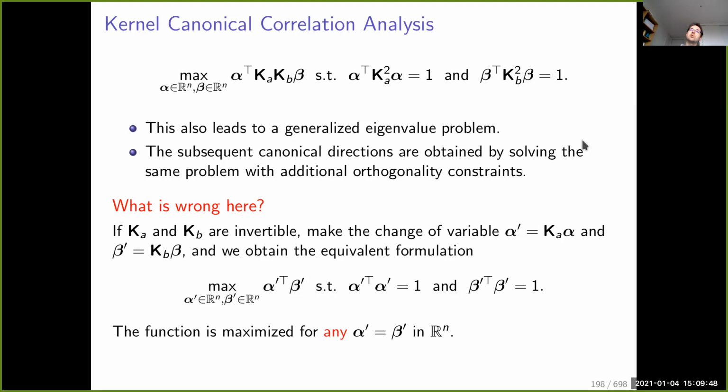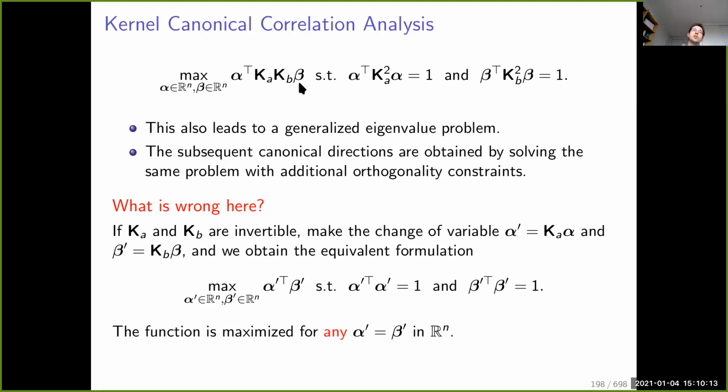Then make the change of variable alpha prime equal to Ka times alpha and beta prime equal to Kb times beta. Then we can solve the problem with respect to alpha prime and beta prime and then recover the solutions with respect to alpha and beta. If you do that, look at the problem on the top.